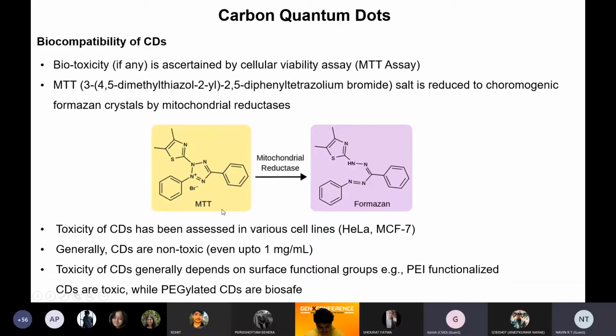What people have found is that the toxicity of the carbon dots really depends on the surface functional group. For example, if a carbon dot is functionalized with polyethylenimine, a positively charged polymer, it produces a toxic effect in cellular studies. Whereas if the same carbon dots are pegylated, that is, attached with polyethylene glycol, a very hydrophilic polymer, it is generally considered biosafe.